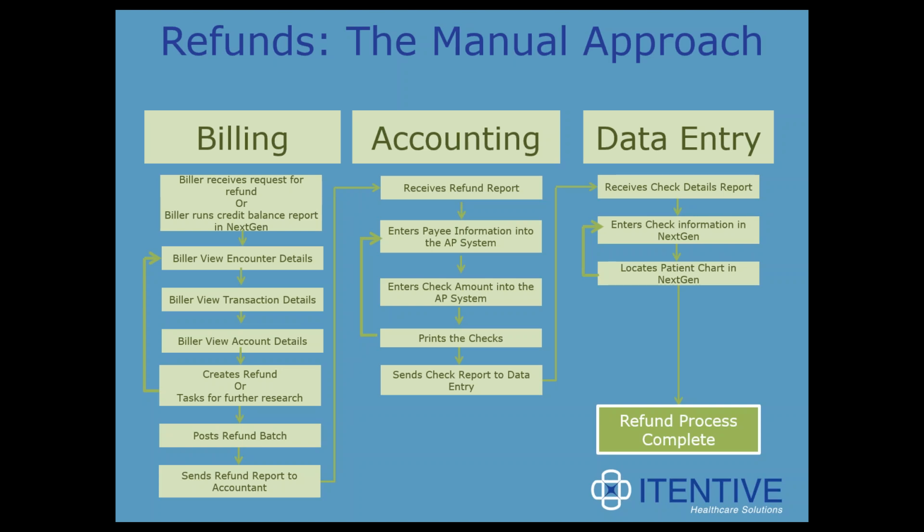In either case, you're going to go through a series of steps to process that credit balance or understand what makes up that credit balance. You're going to look at the encounter details, the transaction details, and the account details, and then you're going to decide what to do with that credit balance. You might decide to issue a refund, or put it aside for further research because you don't have time to go through all the details to discern what's making up that credit balance.